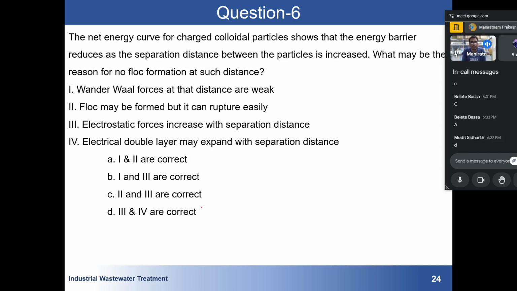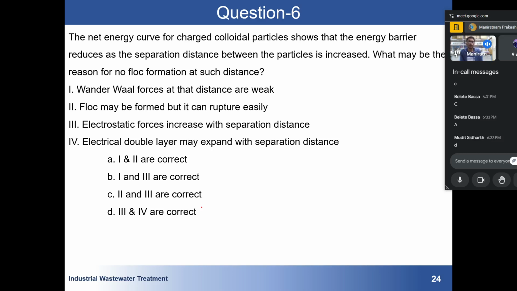The net energy curve for charged colloidal particles shows an energy barrier. As the separation distance between the particles is increased, what may be the reason for no floc formation at such distance? As separation is increased, there is no formation of flocs. So why is it?